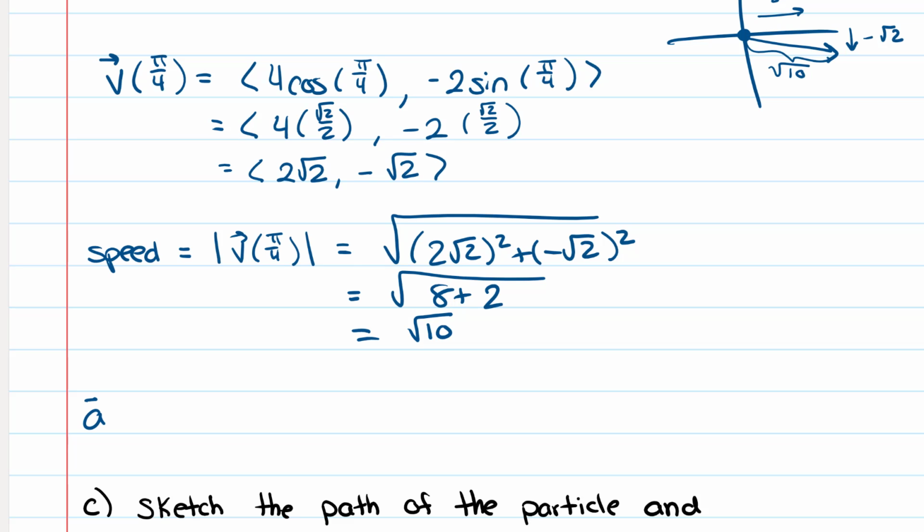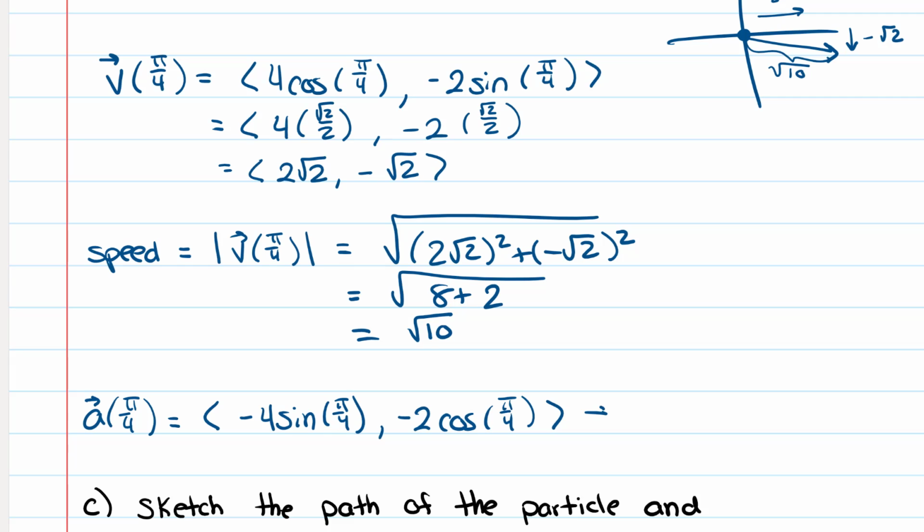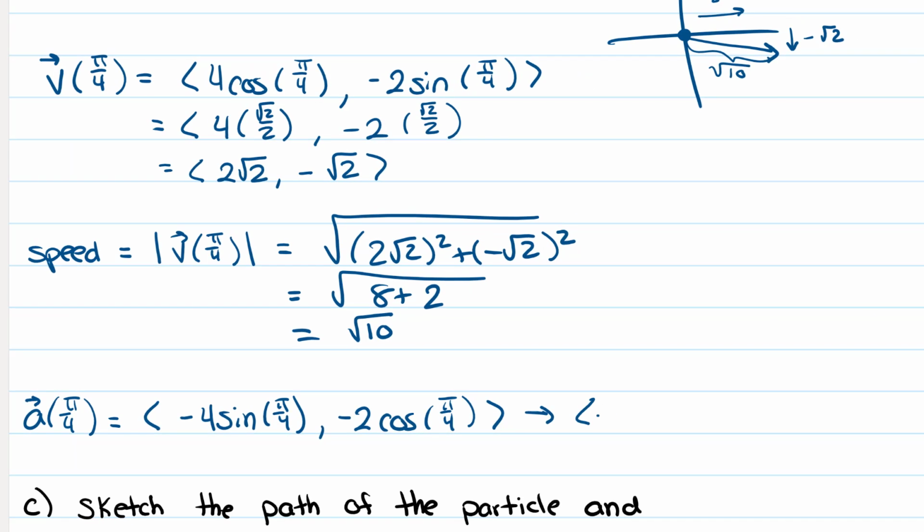If I want to find the acceleration at pi over 4, all I have to do is plug pi over 4 into my acceleration vector, which was negative 4 sine pi over 4, negative 2 cosine pi over 4. So if I work that out, I'll end up getting negative 4 times root 2 over 2, and negative 2 times root 2 over 2.